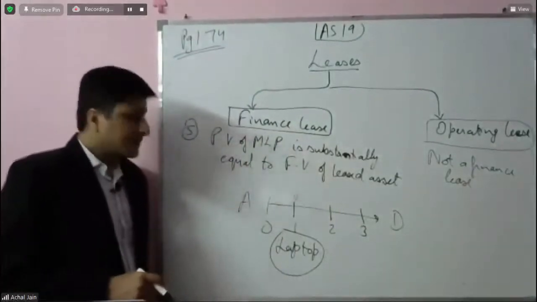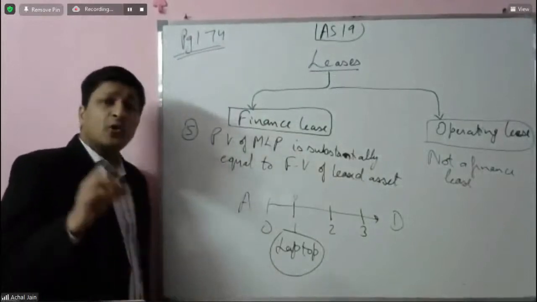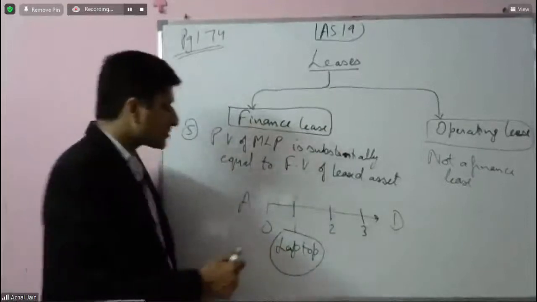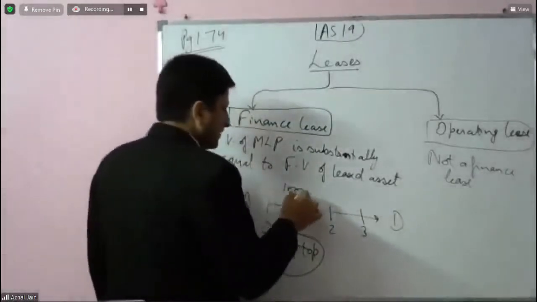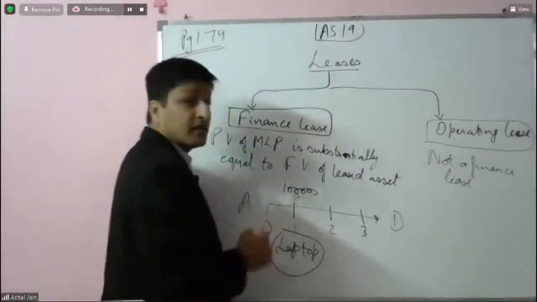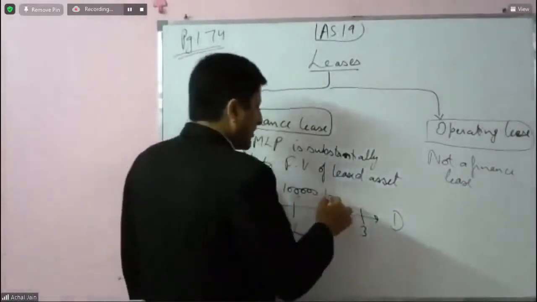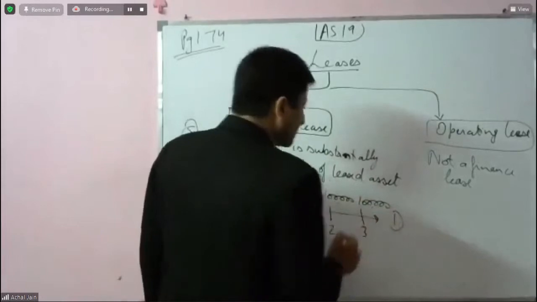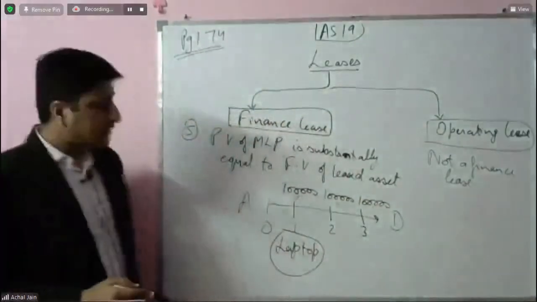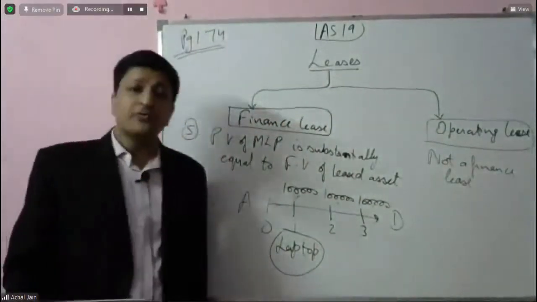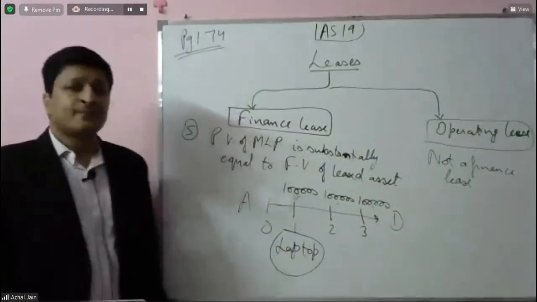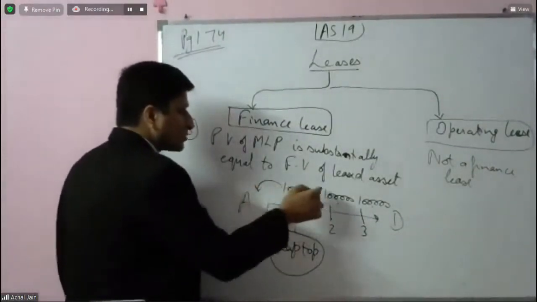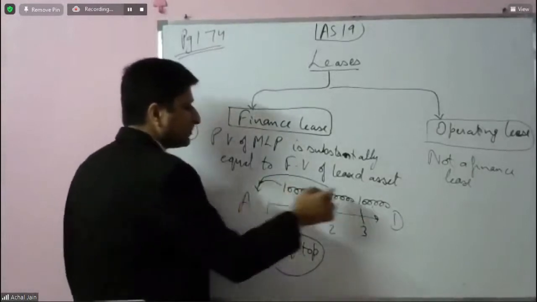It says that all the payments which are made by D to A, let's suppose D is paying 1 lakh in the first year, 1 lakh in the second year, 1 lakh in the third year. All in all, 3 lakh is the amount which D will pay to A. So we need to compute its present value.